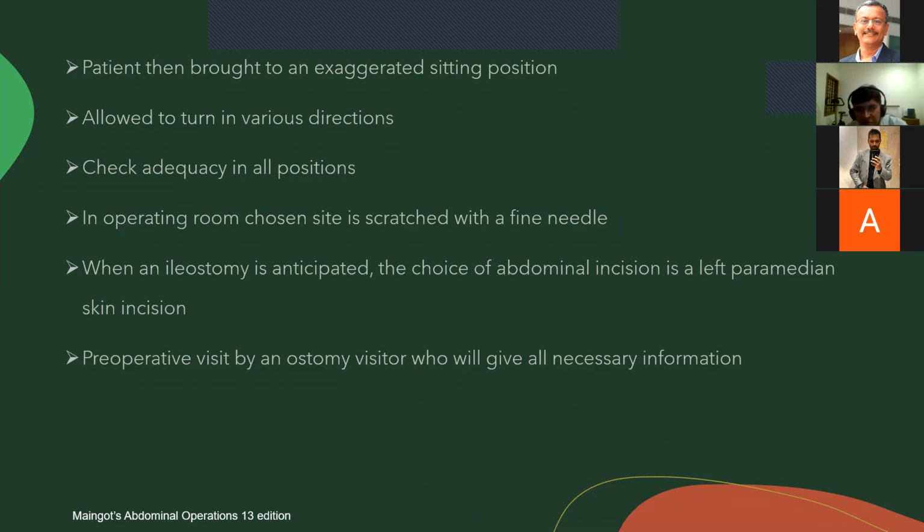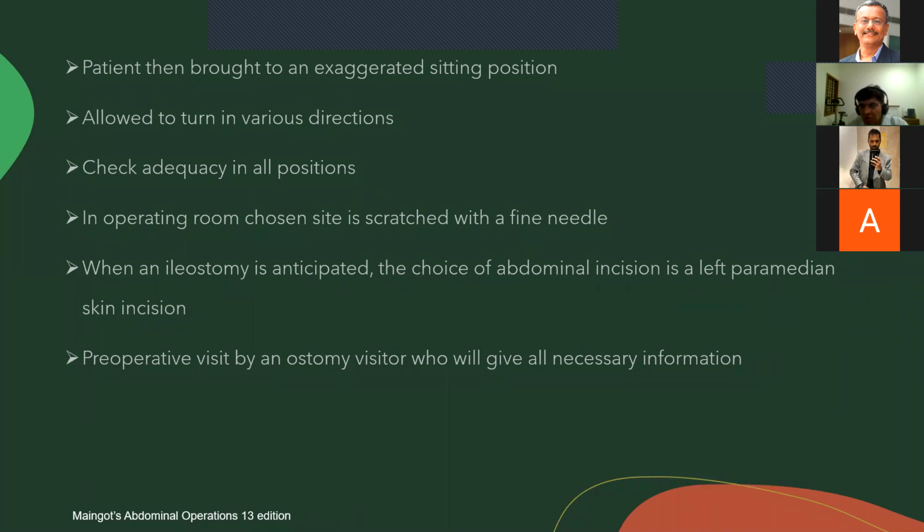Pre-operative visit by an ostomy visitor. Internationally, there are specific people who will come and explain to the patient and the attenders what life is like after having an ostomy, how to manage an ostomy after it has been created, and what complications may present. Because we have to remember that we are permanently or temporarily giving an output of motions through the abdomen, which is always a shock for the patient or the attenders.